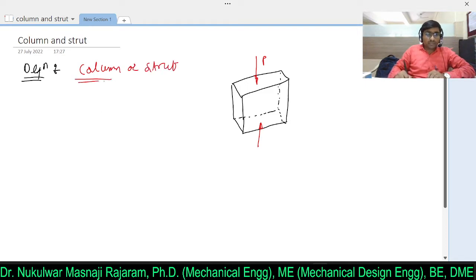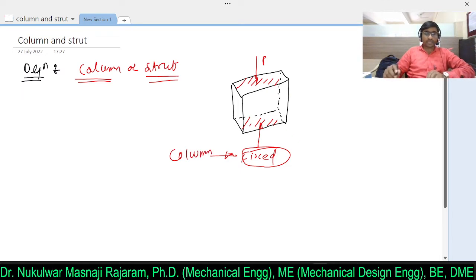Now you may ask me, sir, what is the difference between a column and a strut? It's very simple. If the structure or member is vertical, and if both the ends, here I consider this end and this one, are fixed, then that structure or member is called a column. Clear?